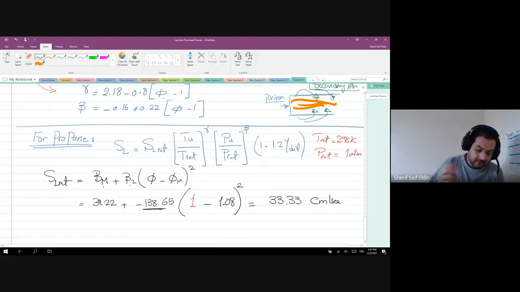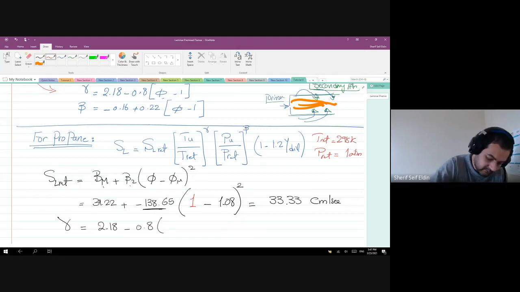All right, and alpha and beta. Alpha is 2.18 minus 0.81 times phi minus 1, so this is going to be 0.